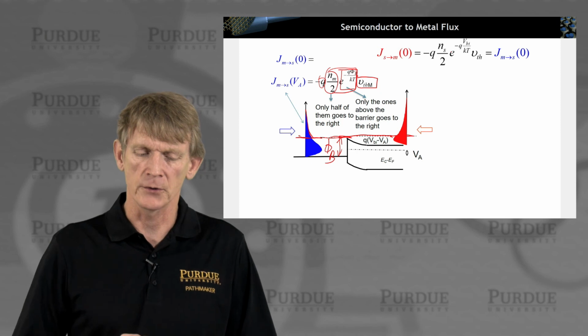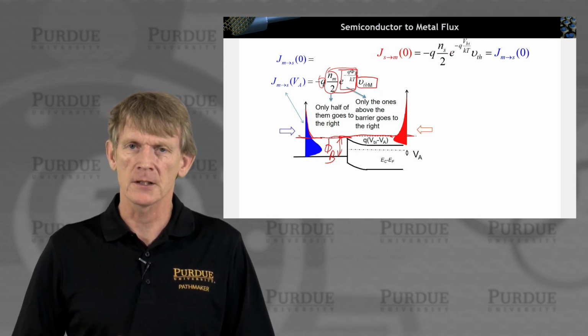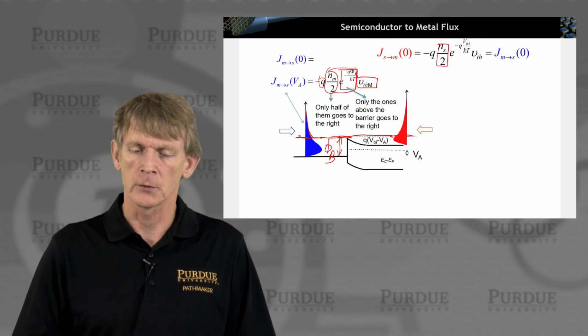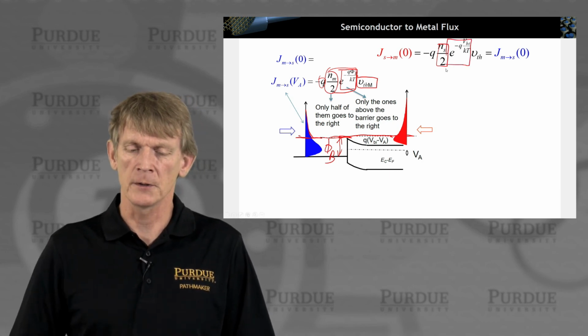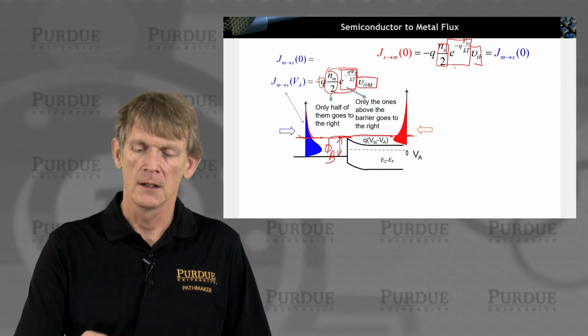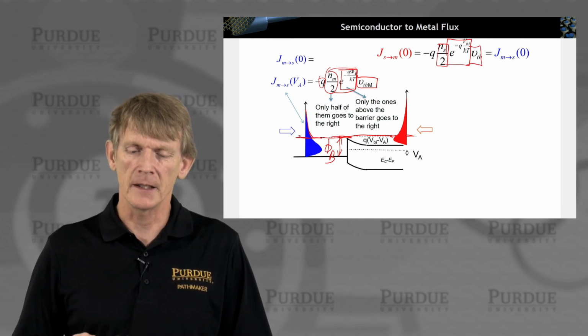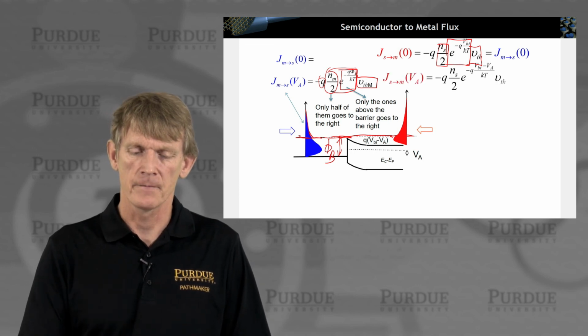We have the built-in potential minus ultimately the applied potential, but right now we're looking at 0 bias. So we have a number of carriers, half of them go left, half of them go right. They have a Boltzmann distribution, and they have a thermal velocity of the electrons. At 0 bias, as I stated, these two current components must be the same.